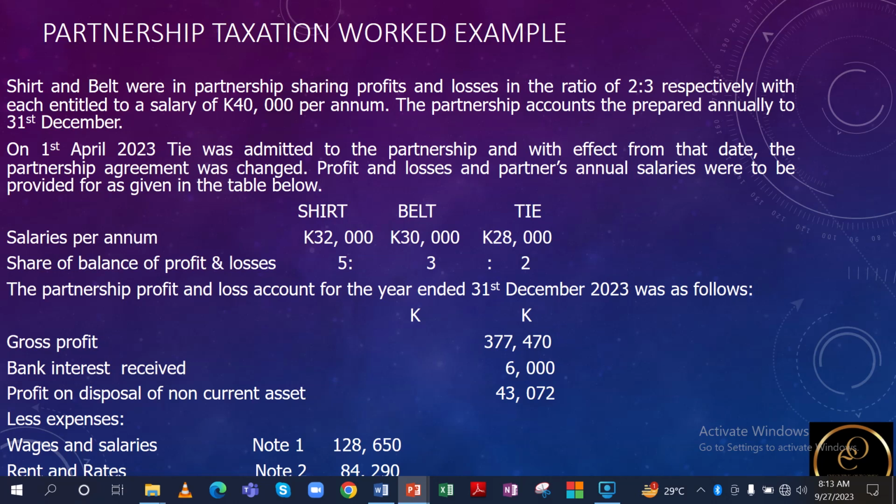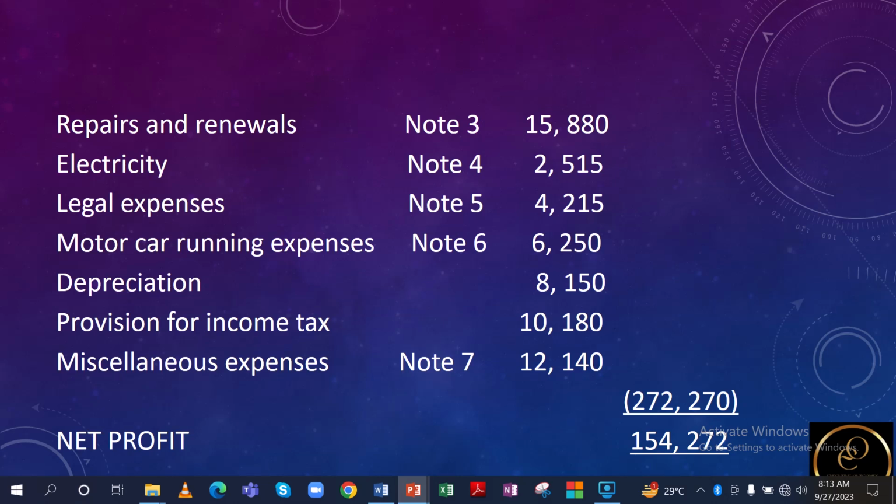Then we have rent, and we have a note 2, that is for 84,290. Then we have repairs and renewals. There is a note number 3. The repairs and renewals accounted for 15,880 kwacha. Then we have electricity.